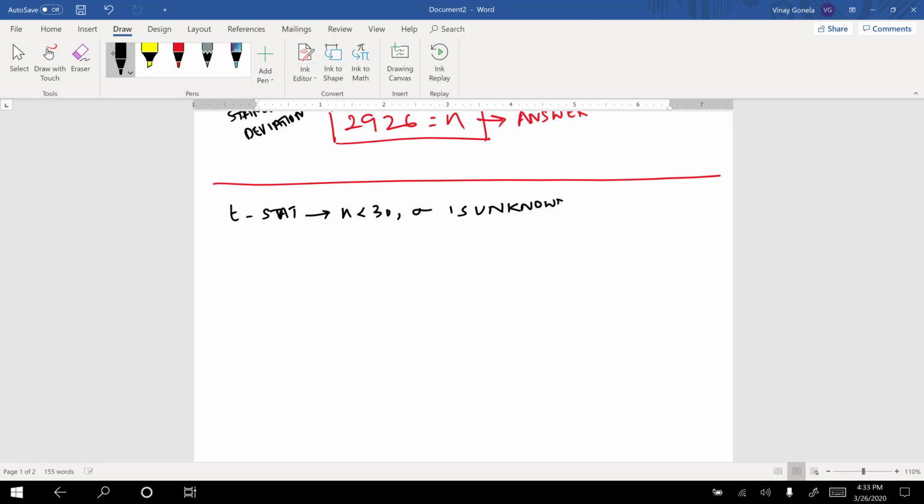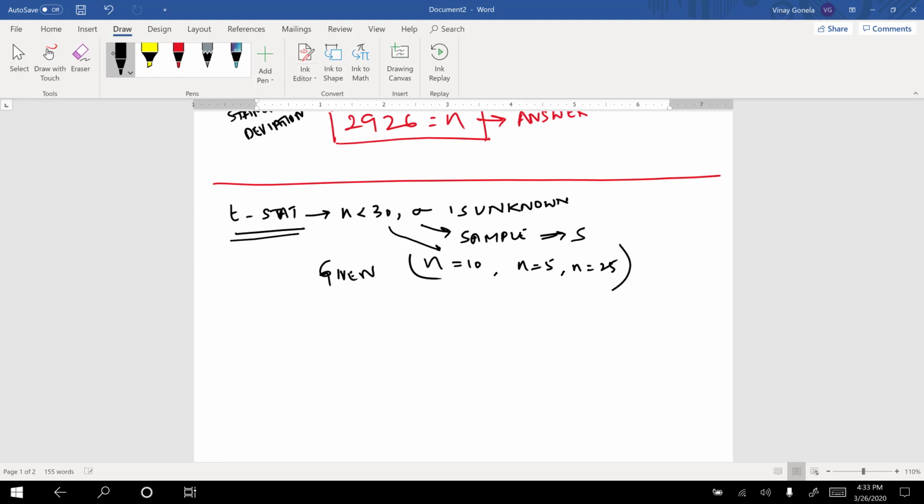To obtain sigma, we take a small sample and calculate S. The difference between Z and T stat is that they will give you an n. They will say n is 10 or 5, or n is equal to 25. So this will be given. That's the major difference between Z and T.